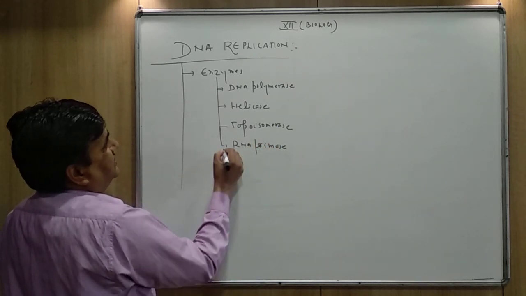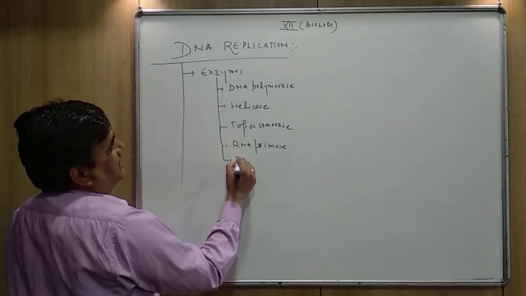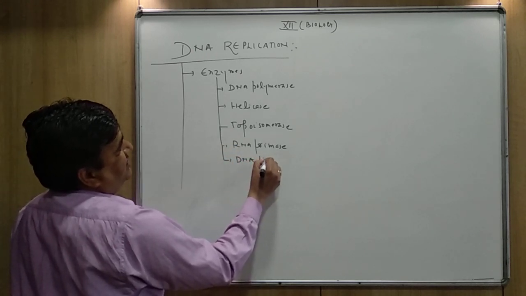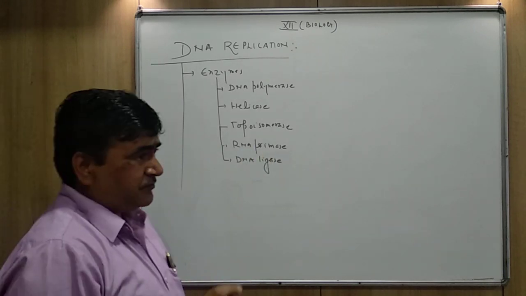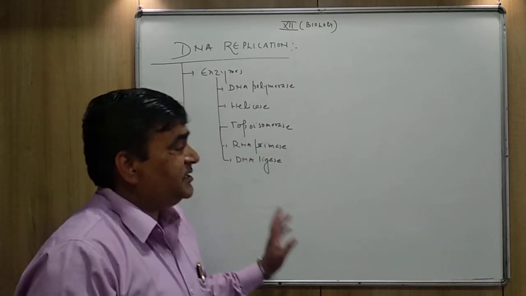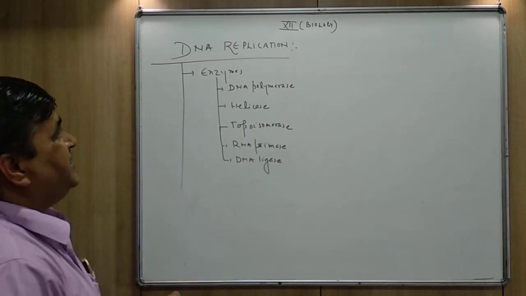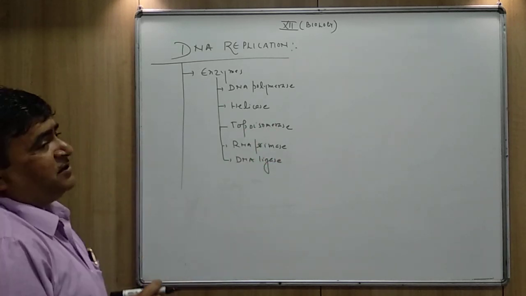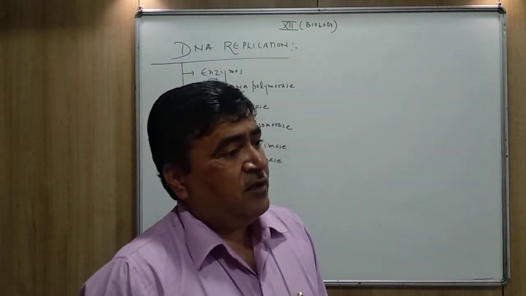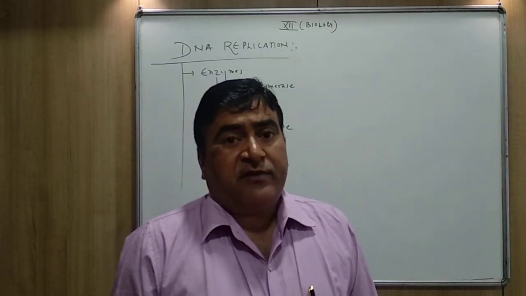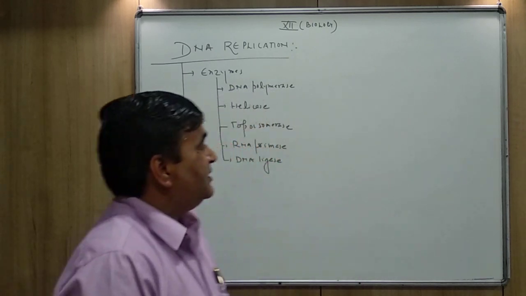Some proteins, and one more enzyme, DNA ligase. I will explain the function of each enzyme during the process of DNA replication. But first of all, you see how many enzymes are required for DNA replication.